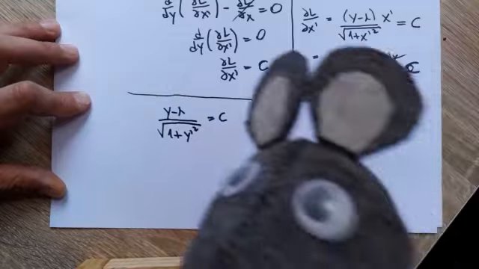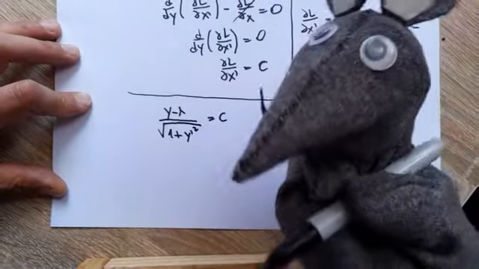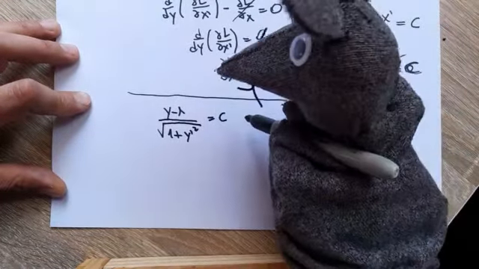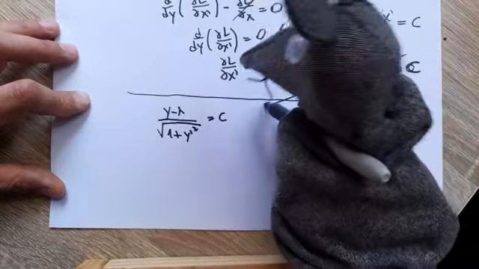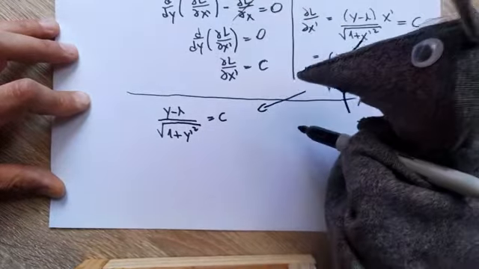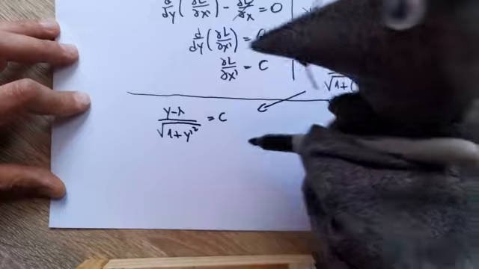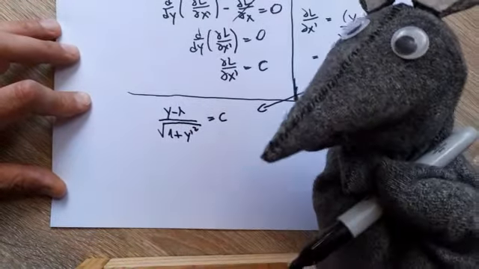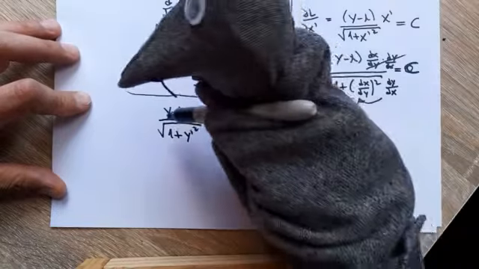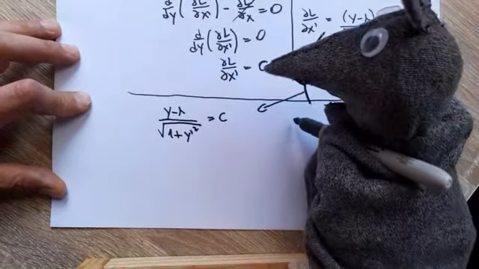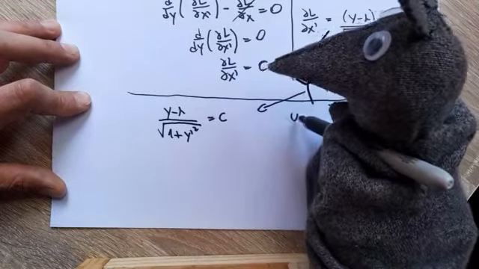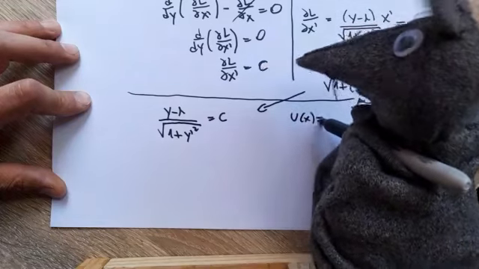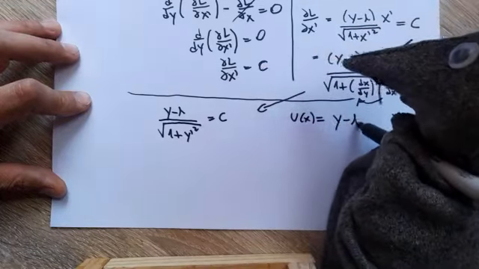Now we will do the following to simplify this differential equation. We will replace y minus lambda by a new variable. So we will say u of x equals y minus lambda.